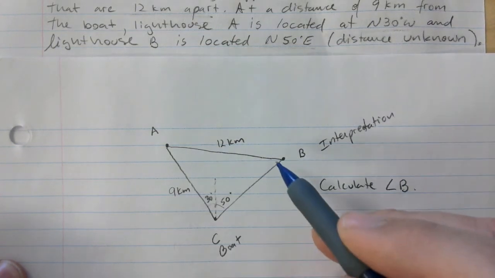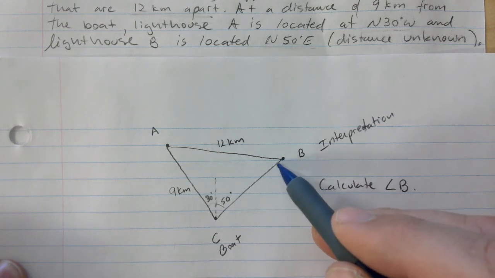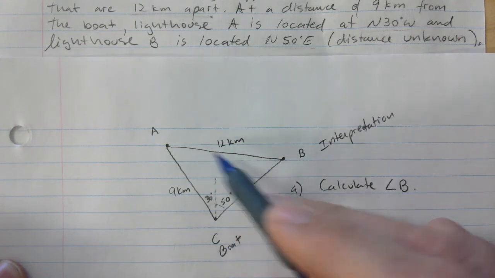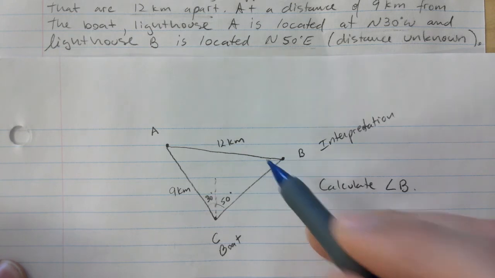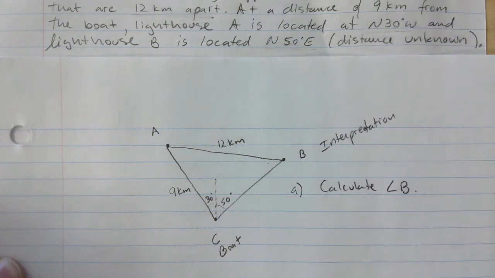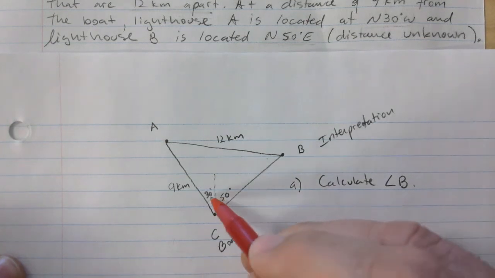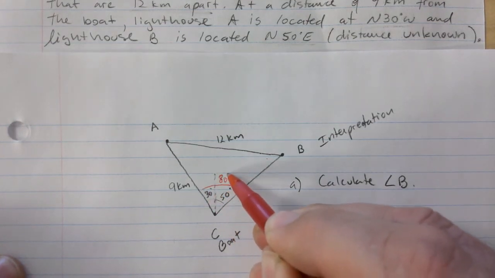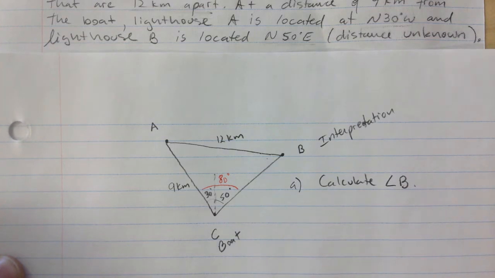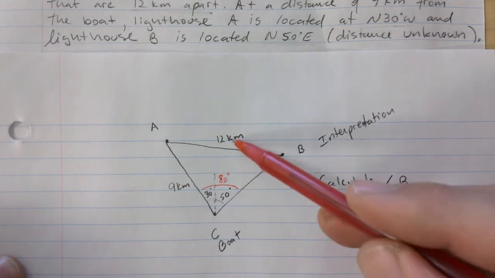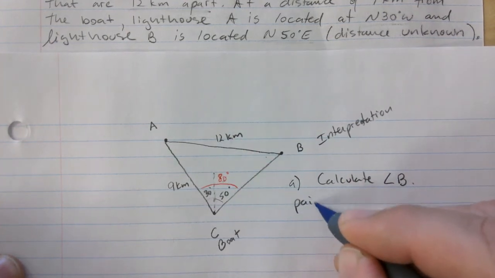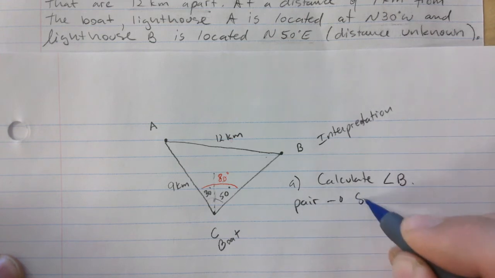So the angle looking out from B, the angle between the boat and lighthouse A, they want this angle right here. The first thing I should note is that the 30 and the 50 make up 80. Conveniently, they are next to each other, so just add up the 80. We have a pair immediately, so it's sine law.